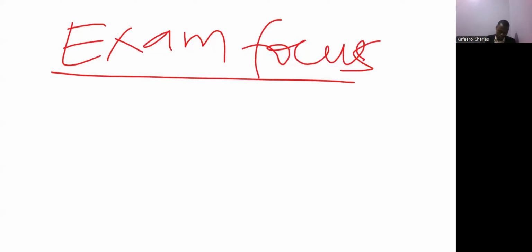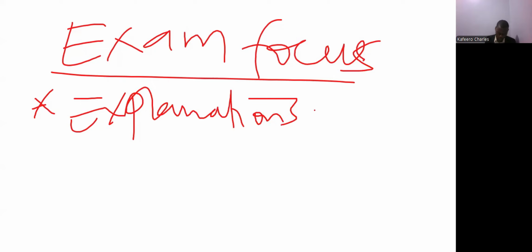But for you to be able to compute those, you need to know the following. One, this is something that you should know. You need to explain the ratio after making some computations. So you have to make explanations for any ratio that you have computed.